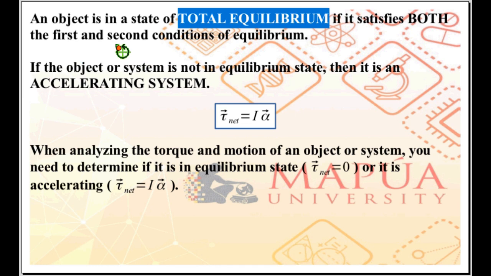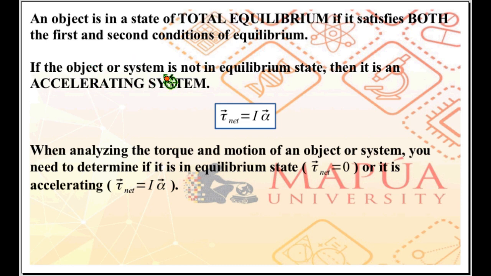It only satisfies the second condition of equilibrium. For total equilibrium, the system must satisfy both conditions. Again, it must satisfy both F net equal to 0 and torque net equal to 0.